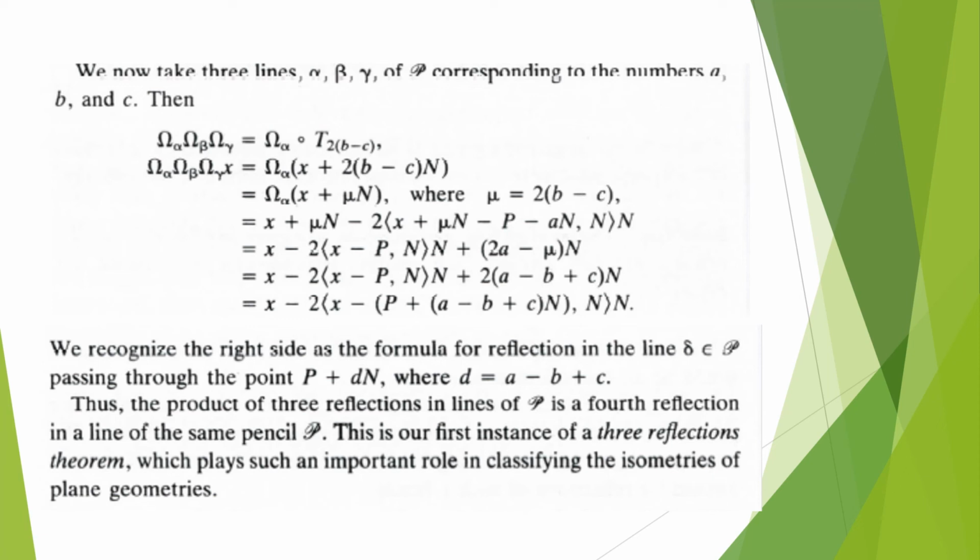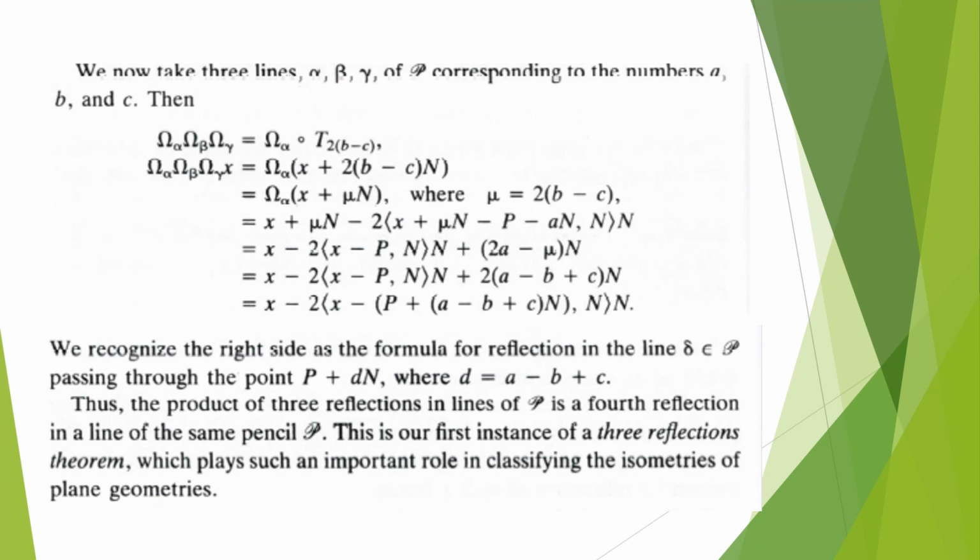That will be equal to omega of alpha applied to x plus 2 times b minus c times n. Then that would be omega of alpha applied to x plus mu n, where mu is equal to 2 times b minus c from the theorem earlier.